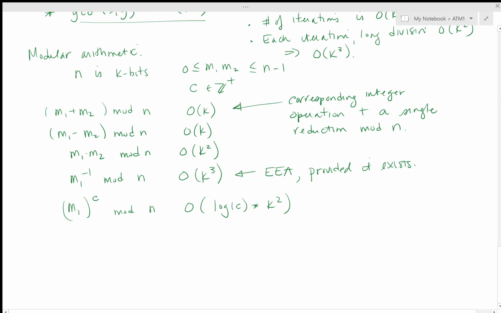Okay, x to the c mod n can be done using c minus 1 modular multiplications.